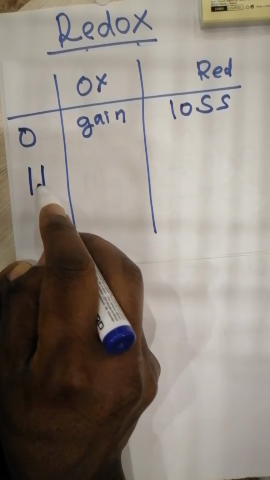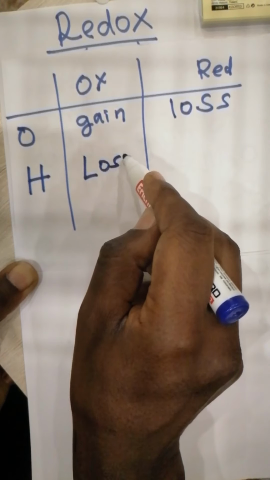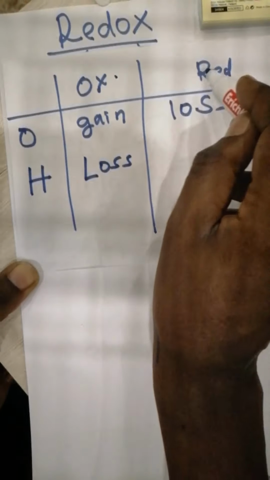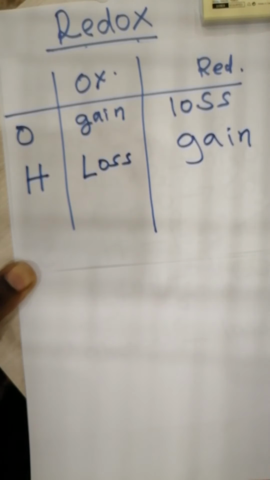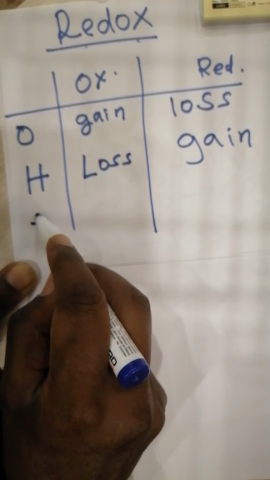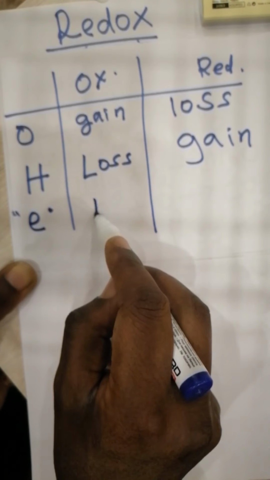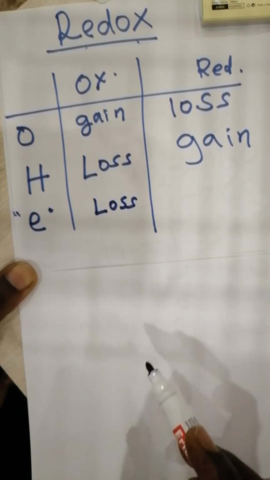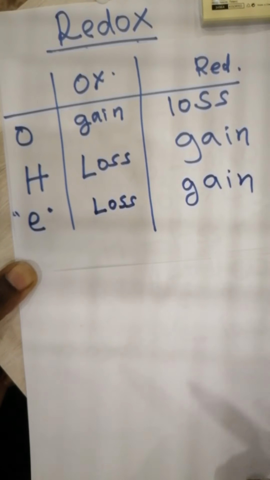What about in terms of hydrogen? We have said that oxidation is loss of hydrogen, and therefore reduction would be gain of hydrogen. And for our interest today, we can talk about in terms of electrons. We say oxidation is loss of electrons, and reduction would therefore be gain of electrons.